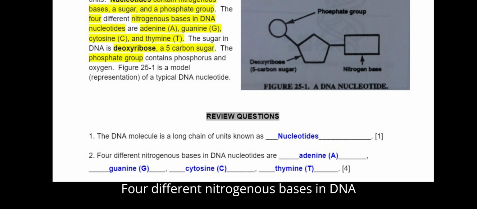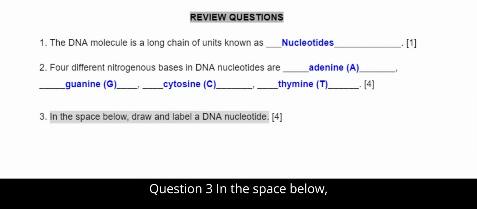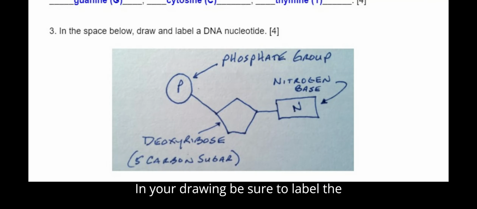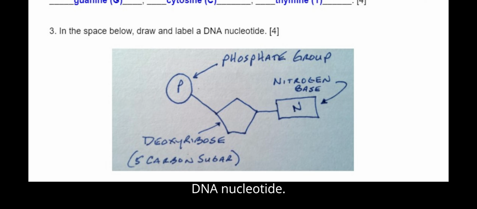The 4 different nitrogenous bases in DNA nucleotides are adenine, A, guanine, G, cytosine, C, and thymine, T. Question 3. In the space below, draw and label a DNA nucleotide. In your drawing, be sure to label the phosphate group, the 5-carbon sugar deoxyribose, and the nitrogen base of the DNA nucleotide.